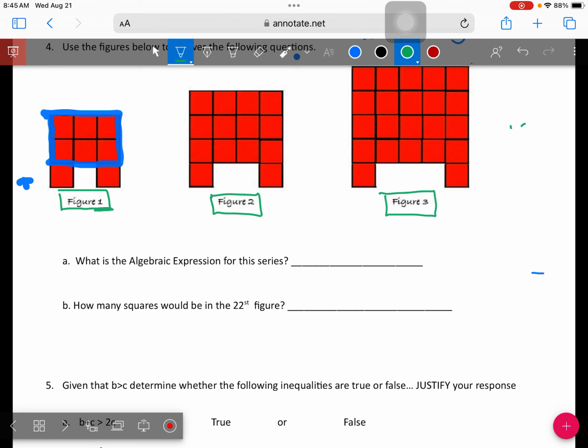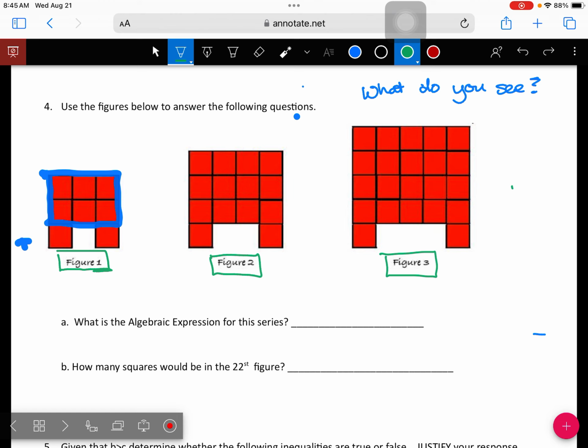It's okay. All right, so for figure 1, as you look at this, what is the size of the rectangle that you see? 2 by 3.